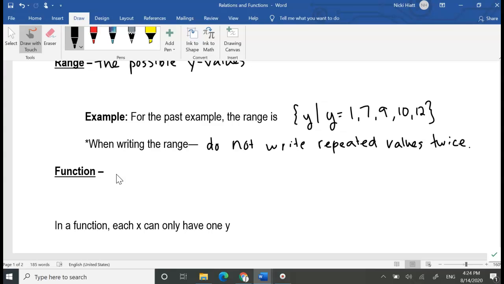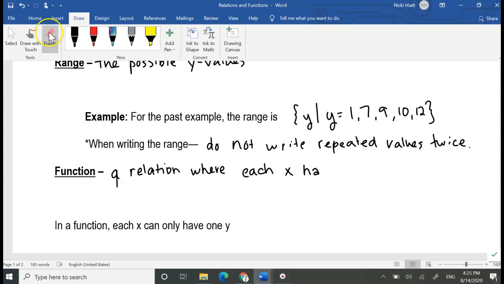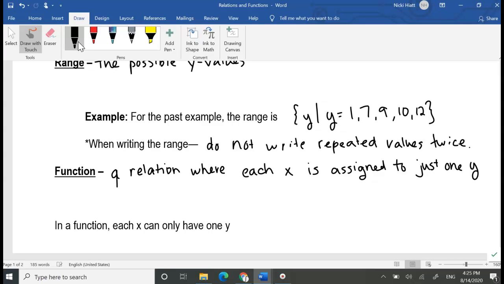For a function, this is going to be a relation where each x is assigned to just one y value.